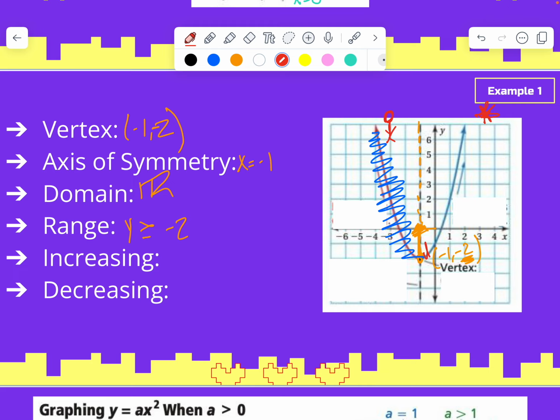Anywhere that we would be running uphill, we would be increasing. So how do I list that blue part? This is tricky, so stay with me. I list that blue part, the decreasing, by saying that's where x is less than negative 1. The left-hand side of my vertex is decreasing. The right-hand side would be increasing. That's why I'm running up the hill. So I'd say that's where x is greater than negative 1.